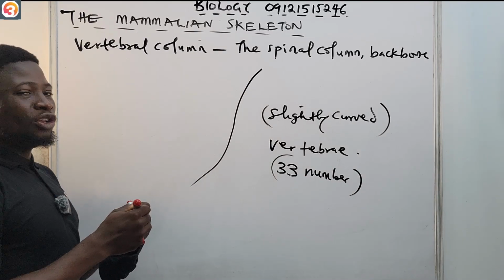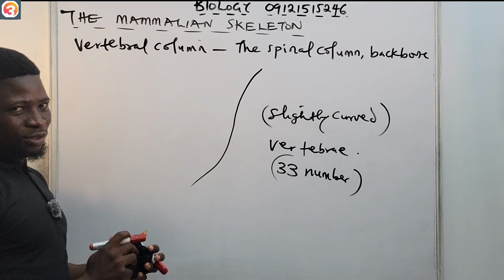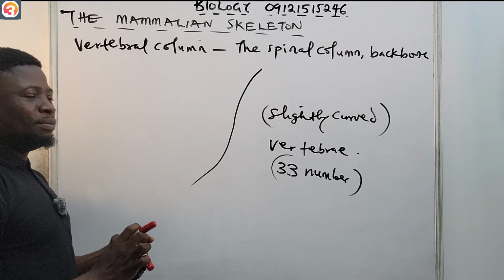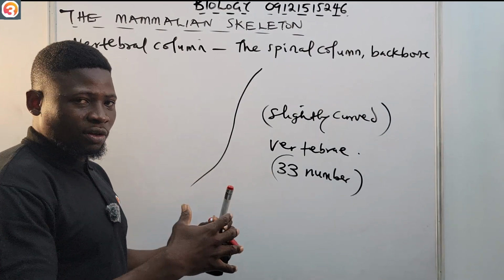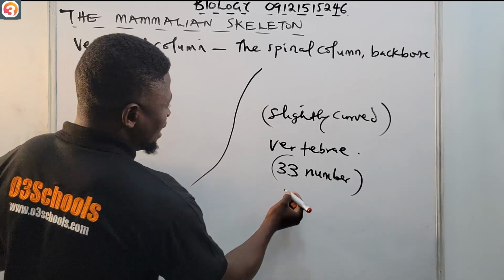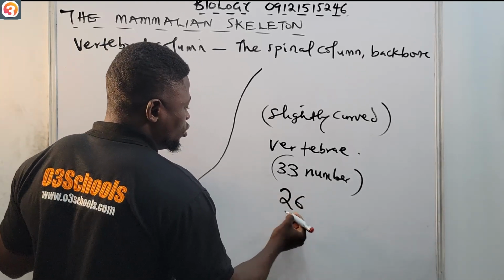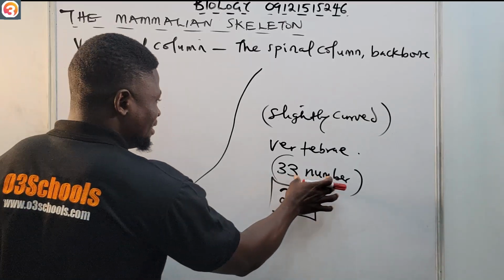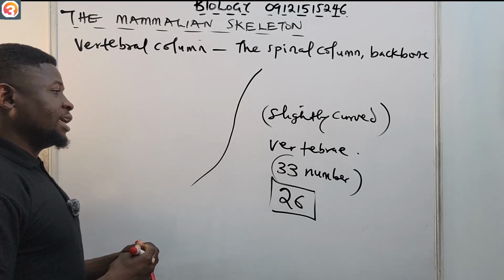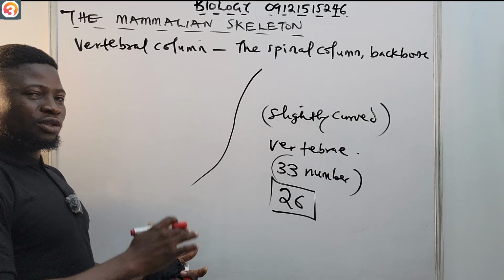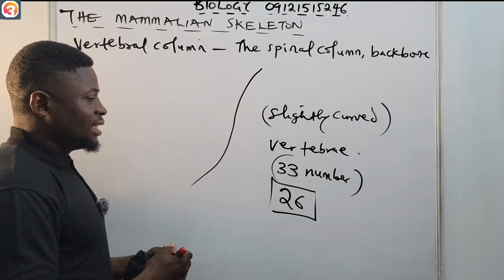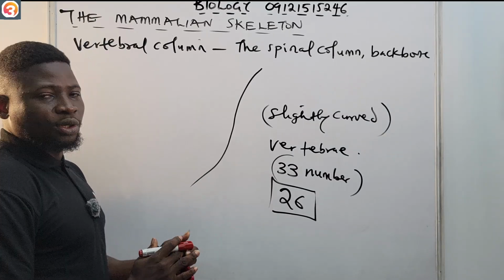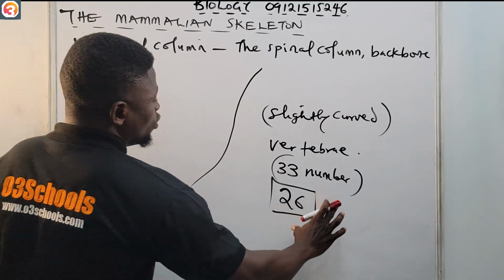But as the baby matures and grows, some of these bones fuse together, and that leads to a total of 26 bones. Please take note. Initially we have 33 vertebrae, but as you grow and mature, some of these bones fuse together, and they become 26.